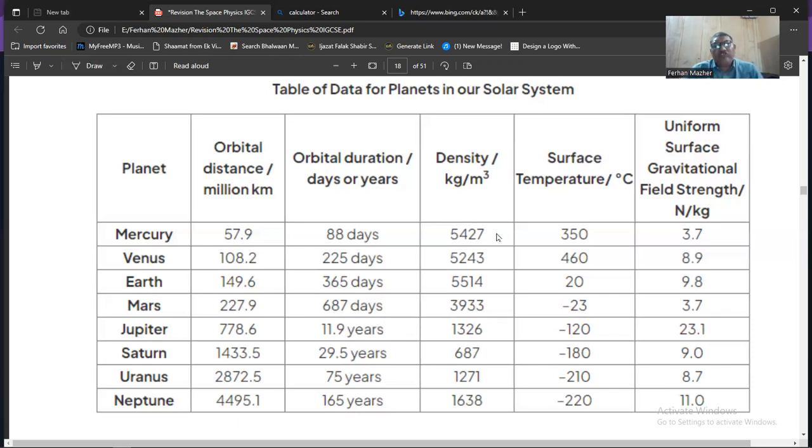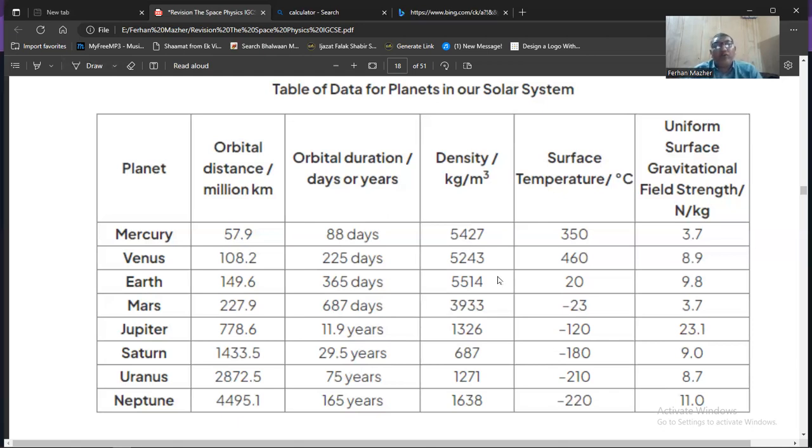The density, in kg per meter cubed. Mercury is 5,427 kg per meter cubed. On Venus, it is 5,243. On Earth, it is 5,514.